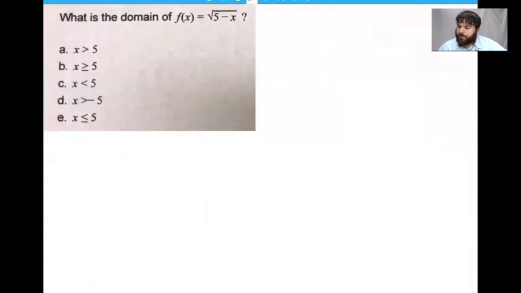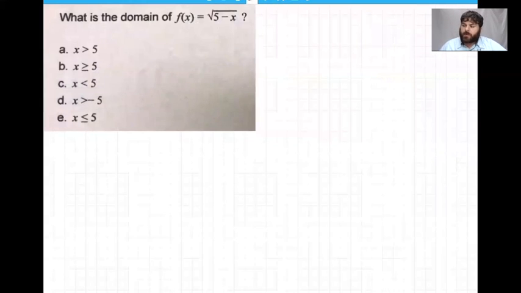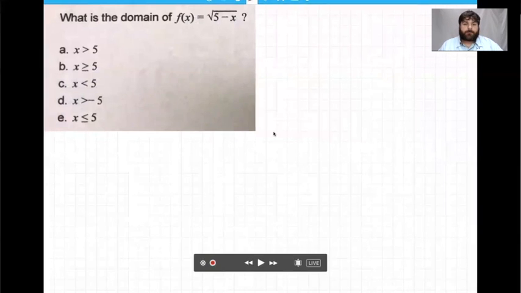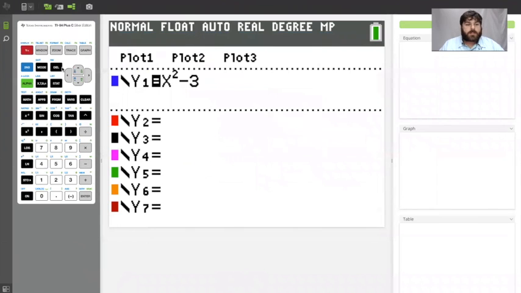All right, moving on. What is the domain of f of x equals square root of 5 minus x? Okay, so a couple options here. You could totally graph this problem, okay? y is equal to the square root of 5 minus x.